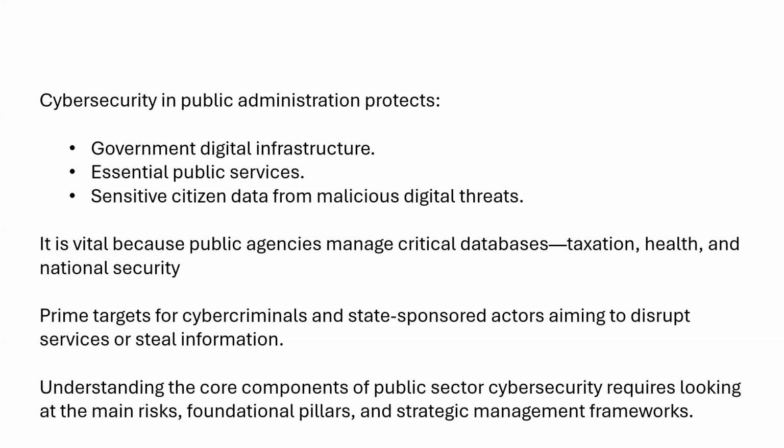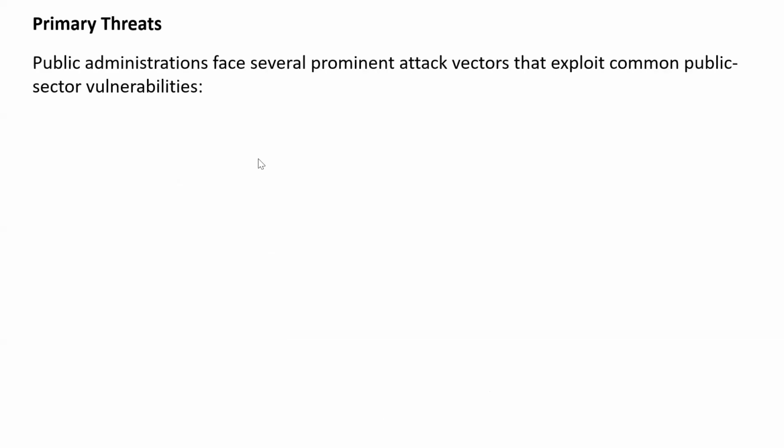Looking at the main risks, what are some of the risks? Every public sector institution must look at the risks, must look at the pillars, and must have a strategic security management framework. And there are frameworks that are available that can be used. The primary cyber threats administrators face include several prominent attacks.